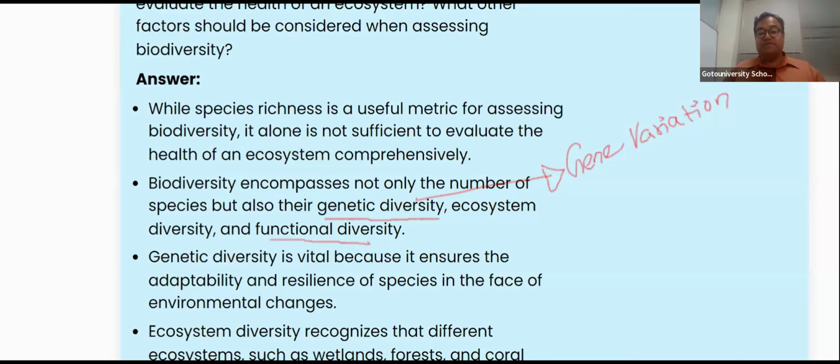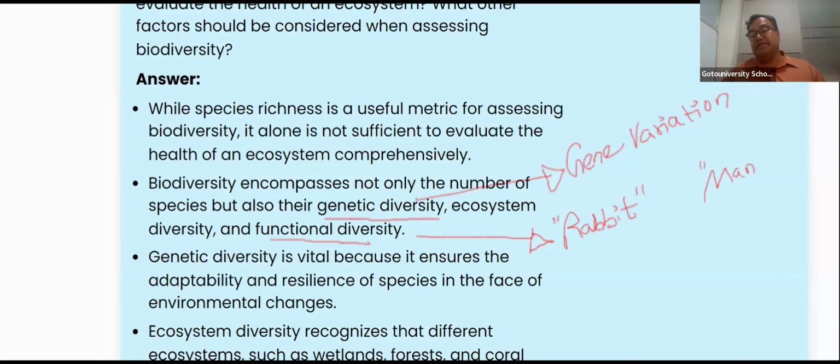Functional diversity, for example: one protein functions in a different way in one species, and the same protein functions in a different way in another species. Can you give an example for that? Yes, of course. For example, take a rabbit. I digest carbohydrate very nicely compared to the other mammal, man.